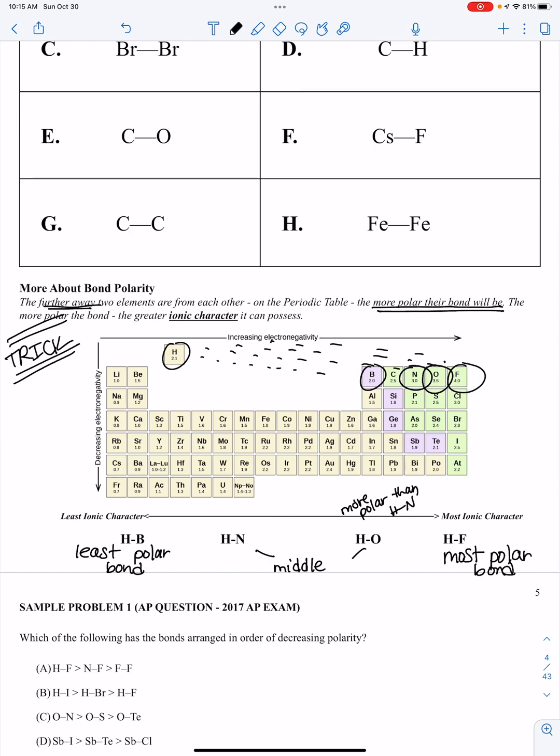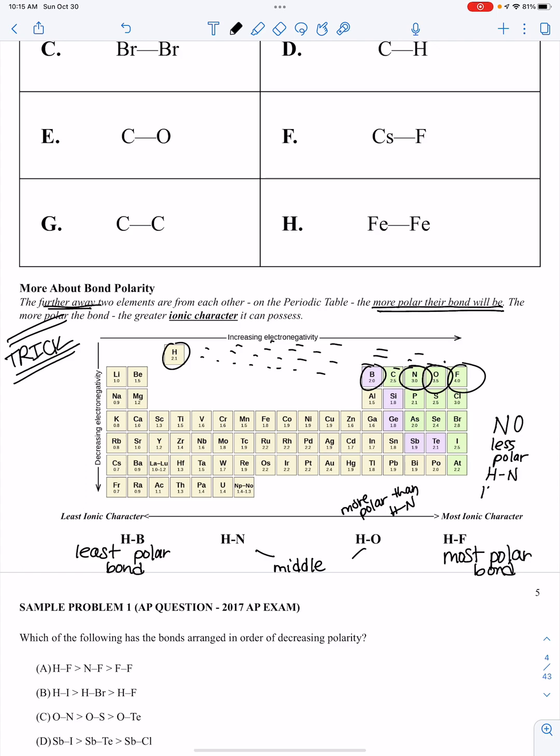So even if I did another example, and we'll see this later. I'm going to erase this, but you know what? Never mind. What if I just did, if I wanted to compare all of these to, I don't know, NO. NO's looking pretty close. NO might be less polar than HN.